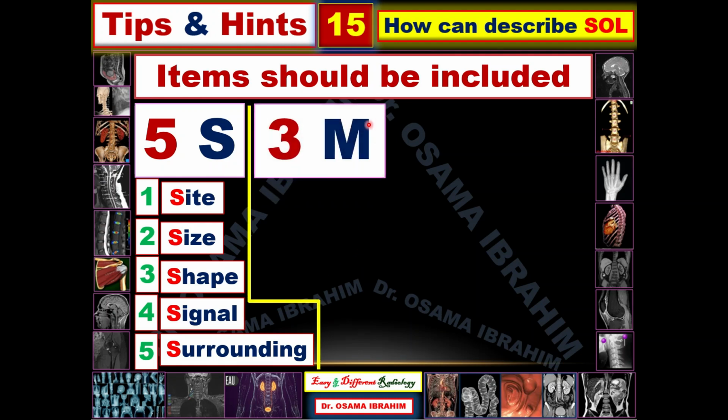The next group of items to include when describing space occupying lesions is the M group, which is 3M. The first one is the margin, which is very important. The margin refers to well circumscribed lesions or ill-defined margins.